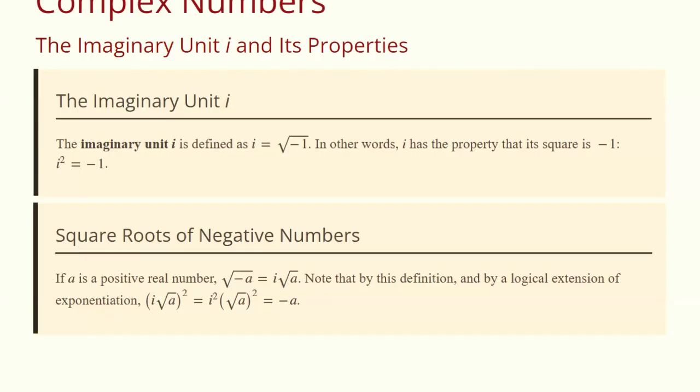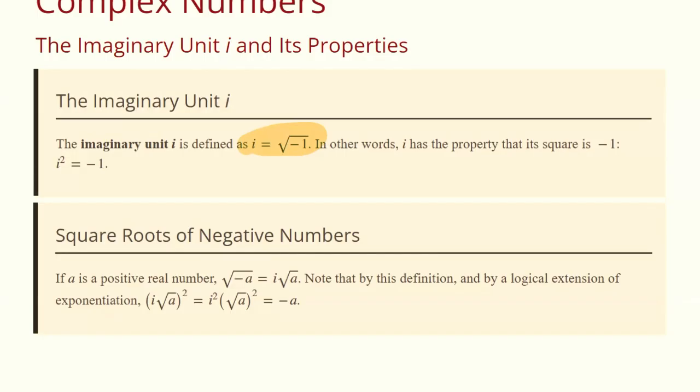So the imaginary unit i is defined as i equals the square root of -1.